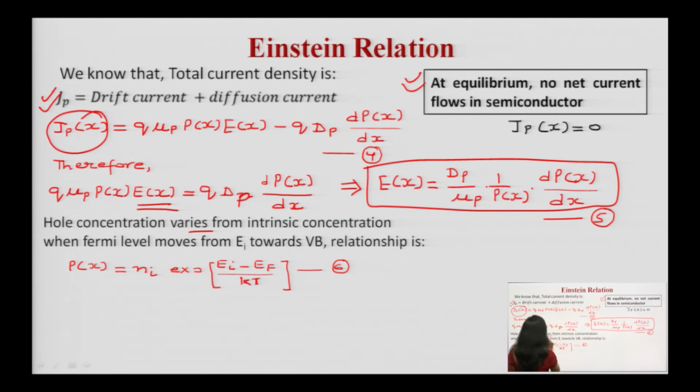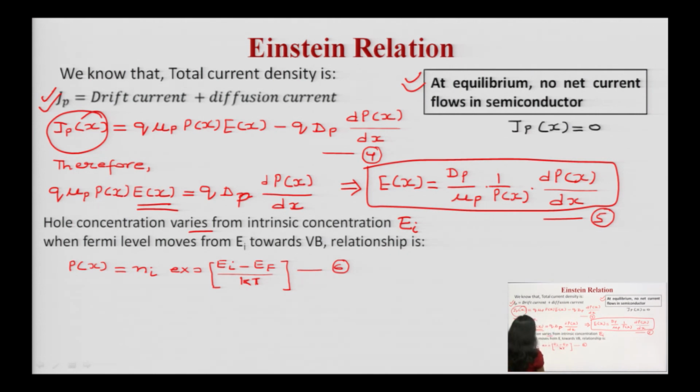So when hole concentration varies from intrinsic, and Fermi level moves from EI to the valence band, there will be an increase in the hole concentration.